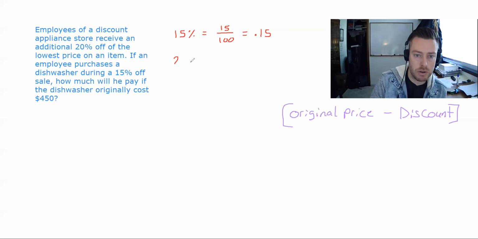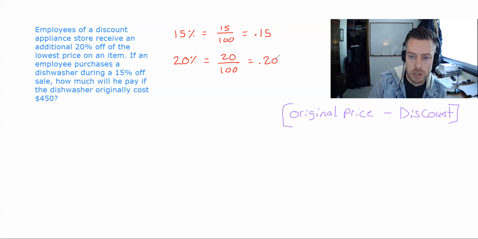Let's just get the 20% out of the way, right? So 20% is just equal to 20 over 100, which I know is also equal to 0.20. You could reduce these fractions down to different numbers, whatever you want, right? And let's just keep this guy up here, okay?